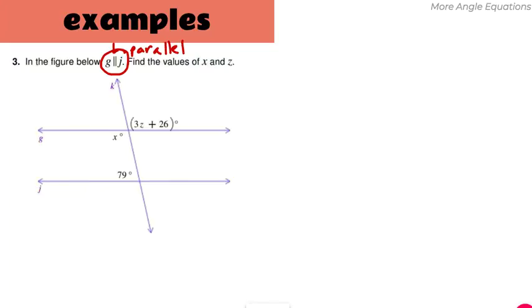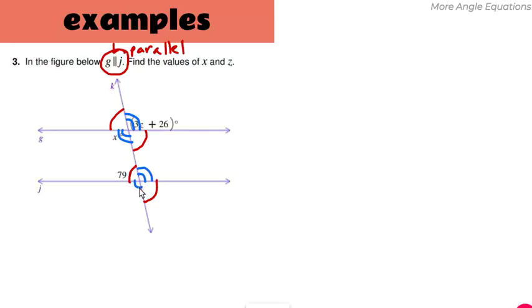All right. So first thing I'm going to do is I'm going to mark which angles are congruent. I know these two are congruent, right? They're vertical angles. If I look at corresponding angles, these two are equal. Now I'll pick a different color. If you don't have a different color, you can do two little lines for the second set of equal angles.